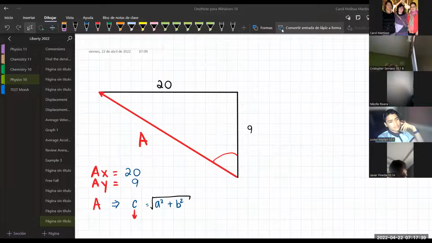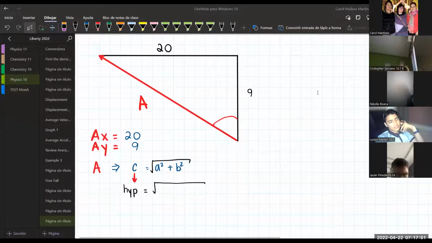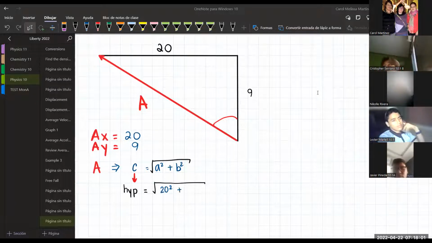C is the hypotenuse. So my hypotenuse in this exercise is going to be the square root of A squared, that is 20 squared. It could be 9, okay? It doesn't really matter. 20 squared plus 9 squared.